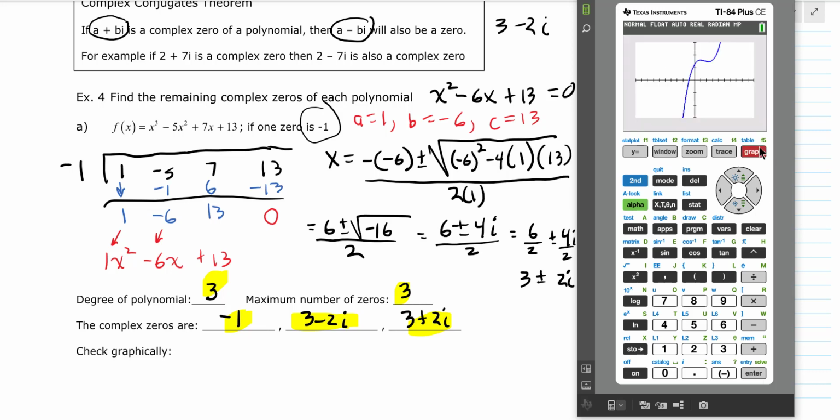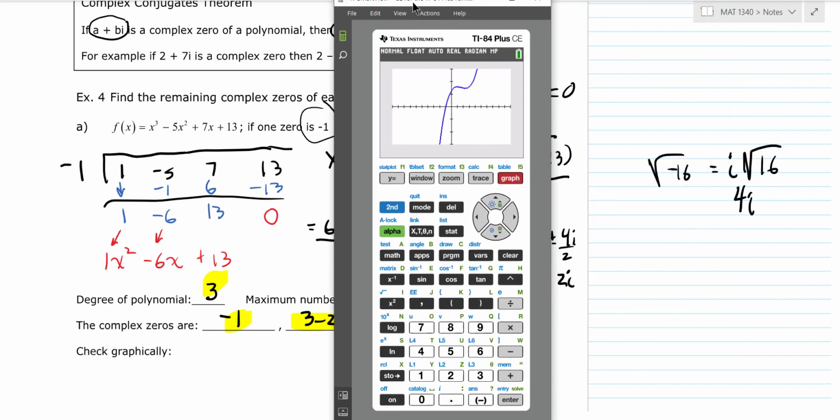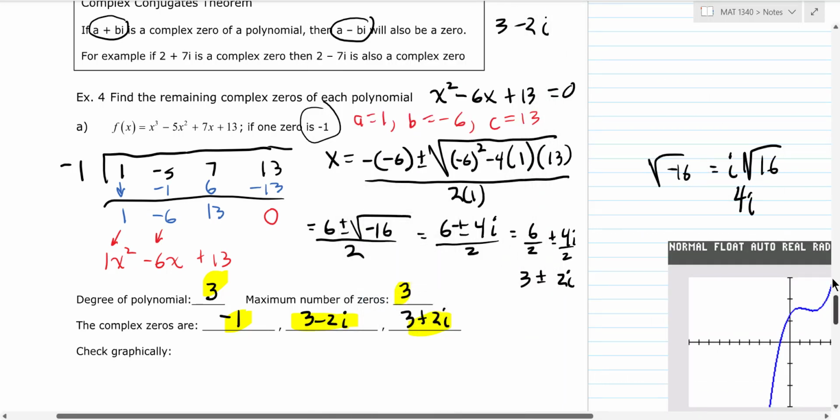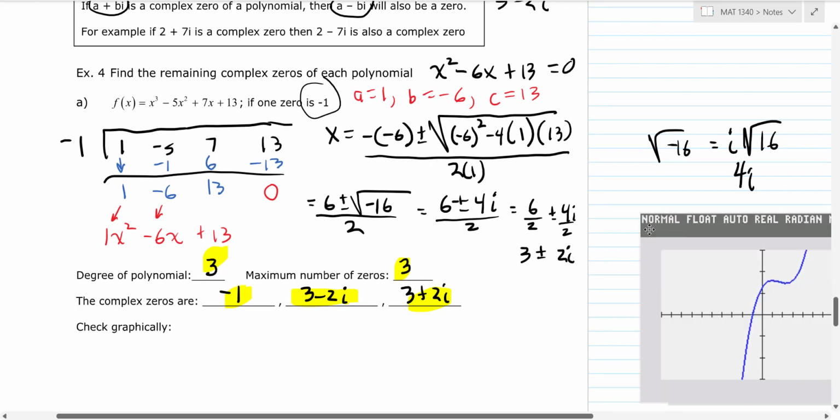Now, what I want to show you is, although we have 3 zeros, we only have one x-intercept, and that one x-intercept is the real number -1. So since you got 2 complex number solutions, those will not be x-intercepts. That's really what I want you to get from looking at the graph.